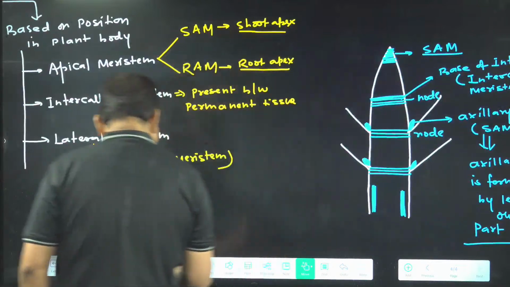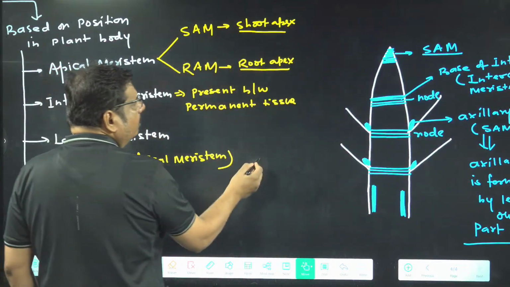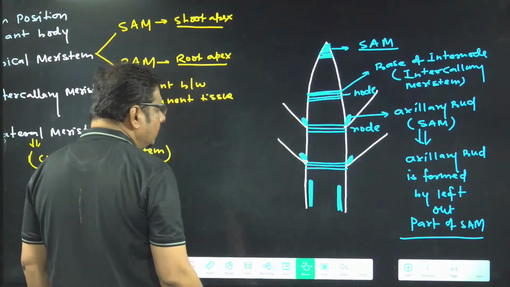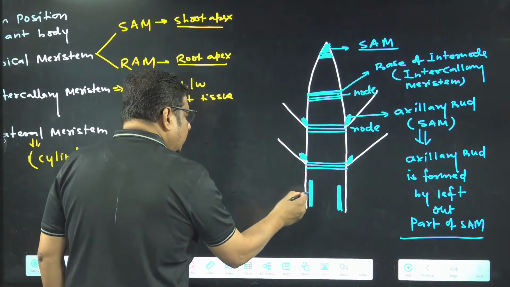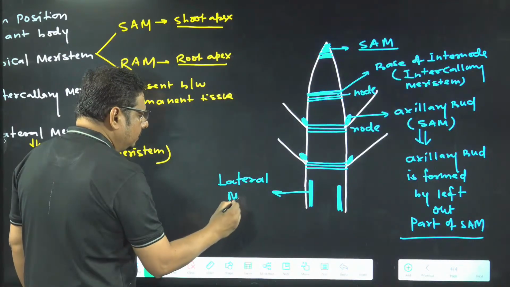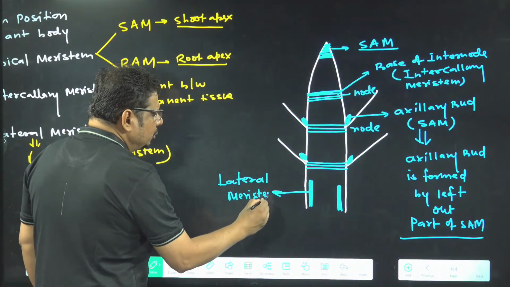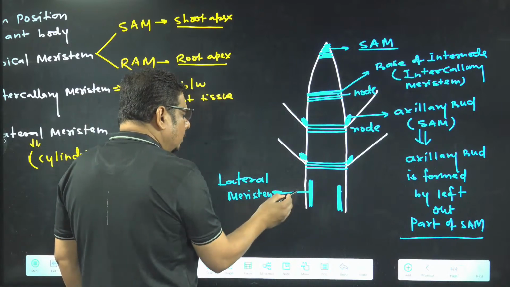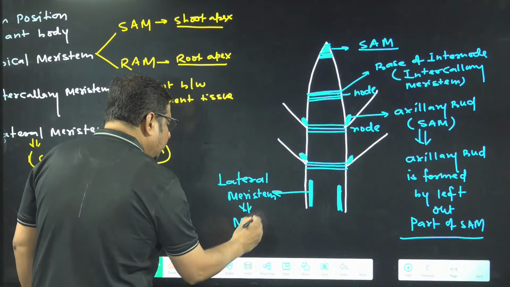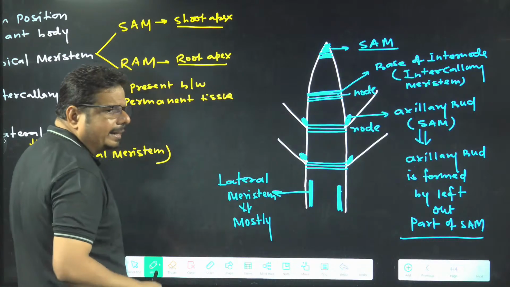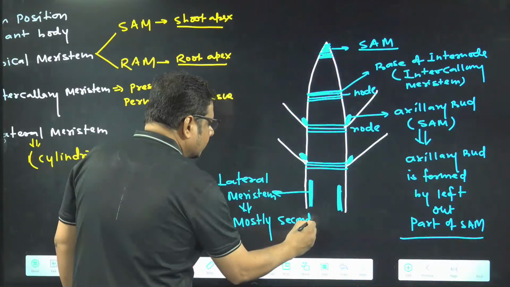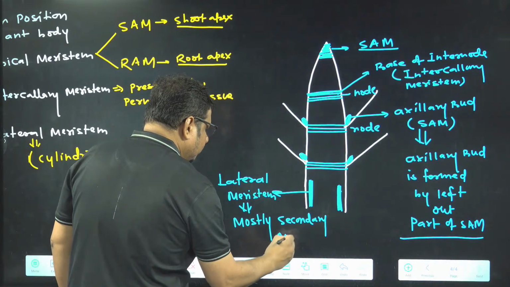These intercalary meristems, as I wrote, are present between permanent tissue. Here permanent tissue, here permanent tissue, it is present between permanent tissue, and this particular meristem is called lateral meristem. If you talk about lateral meristem, it is mostly secondary. NCERT wrote directly secondary, but it is not correct to write that. It is mostly secondary meristem.